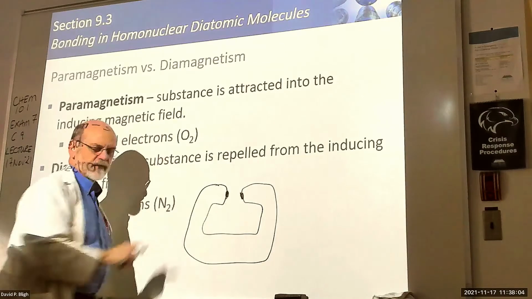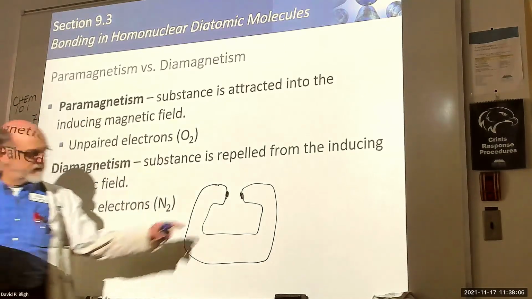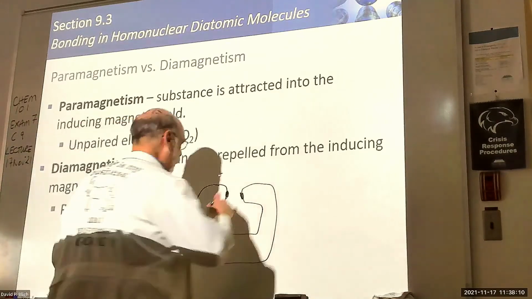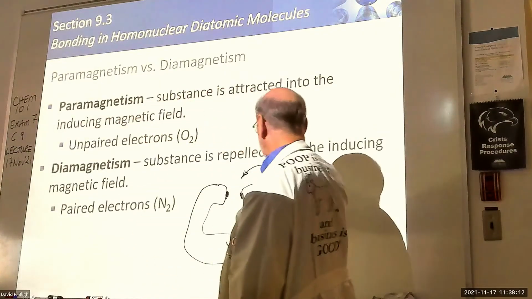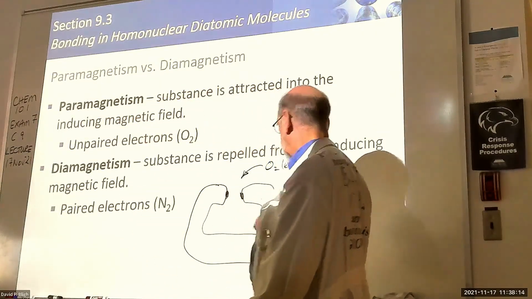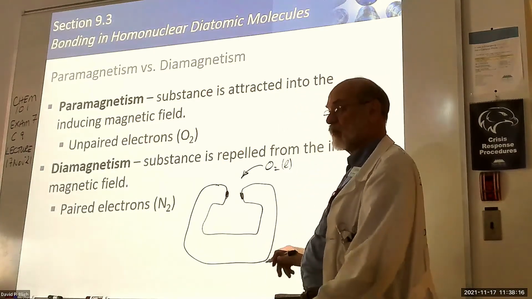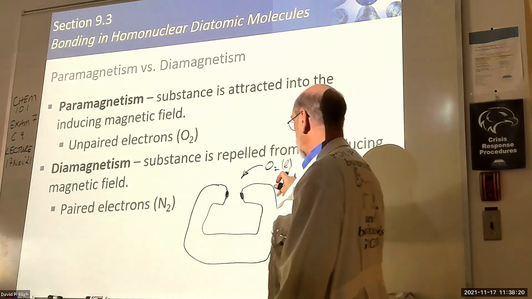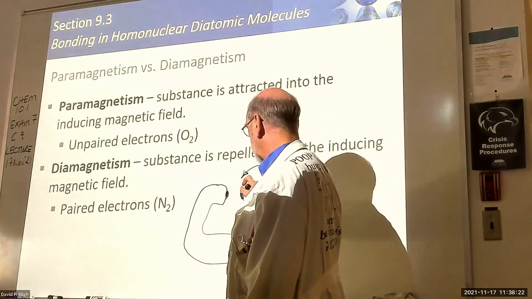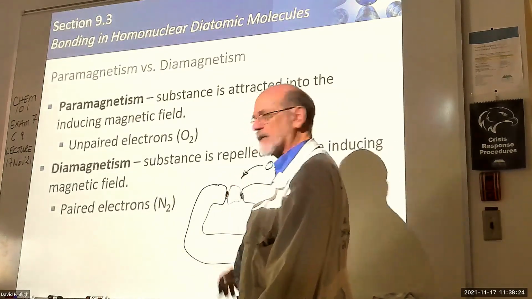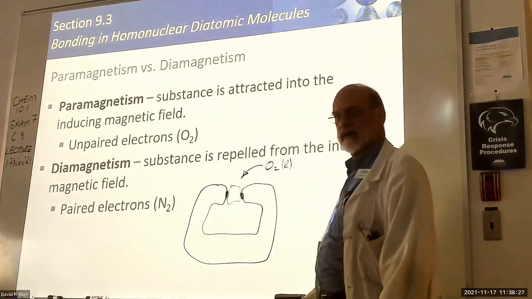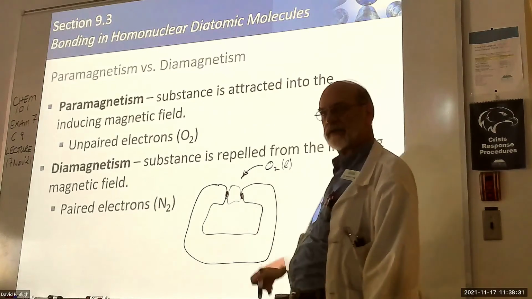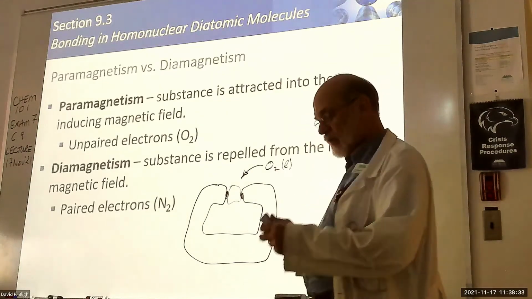And the strength, the magnetic field in there is massive. And if you pour liquid oxygen in there, atomic oxygen would probably work, but you wouldn't be able to see it as well. As you pour liquid oxygen in there, then it will sit right here in that magnetic field, as long as you don't exceed the capacity. You know, pour too much in there, some of it will drain out. But it'll sit there until it's all evaporated.